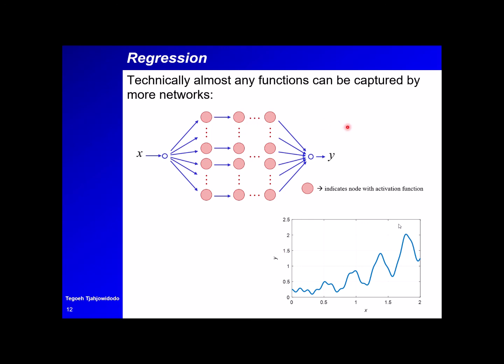By putting more and more networks into our modeling, intuitively, we should be able to capture any form of function, even a complex function like this, with a collection of these networks. Just as an illustration, this part I can approximate with one network with one sigmoid function.